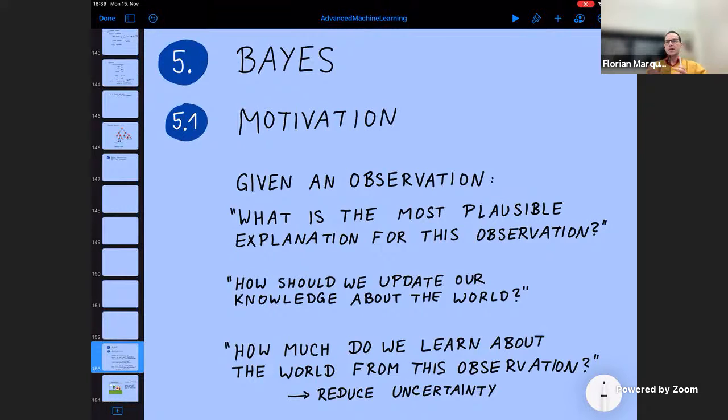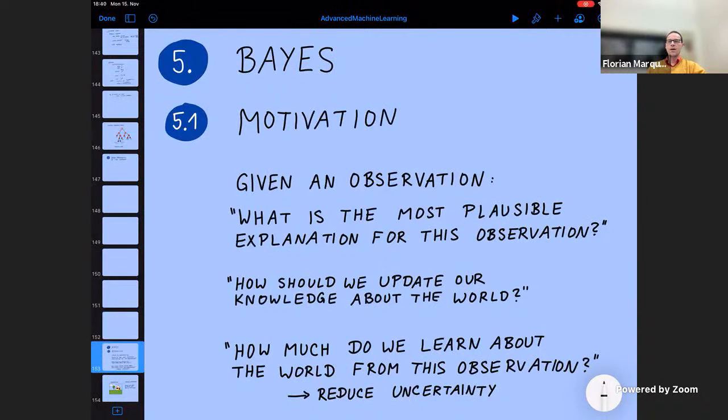So you make an observation, which is, of course, a central part of doing science. And then you can ask yourself multiple questions. I've tried to list some of them here. The first question you could ask yourself is, what is the most plausible explanation for this particular observation? Maybe it can be explained in several ways, but what do I consider most plausible?